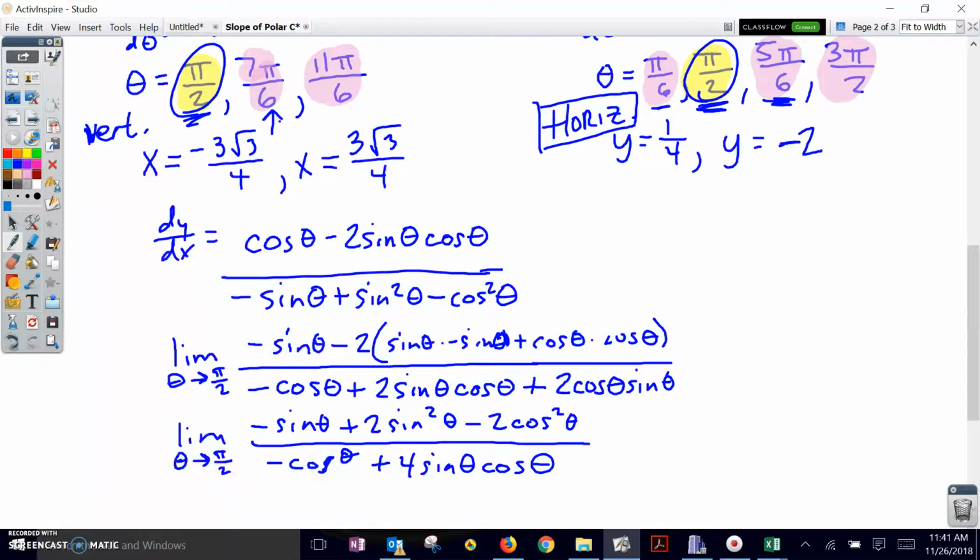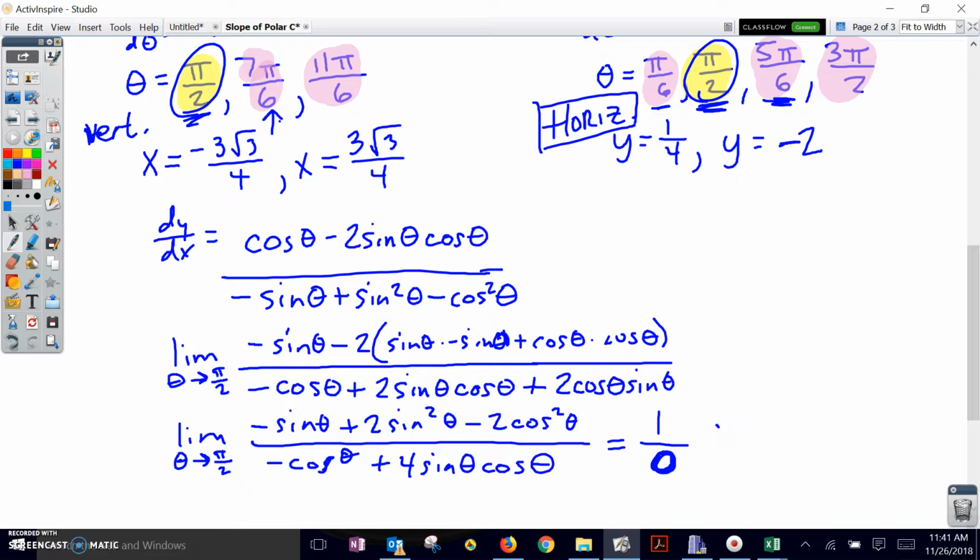And if I find this limit as theta approaches pi over 2, let's see, what do I get? I get negative 1 plus 2 minus 0, so my numerator is 1, and my denominator I get negative cosine of theta, so that's 0, plus 0. So I get 1 over 0 when I try to find this limit, and what that tells me is that dy dx is undefined there.